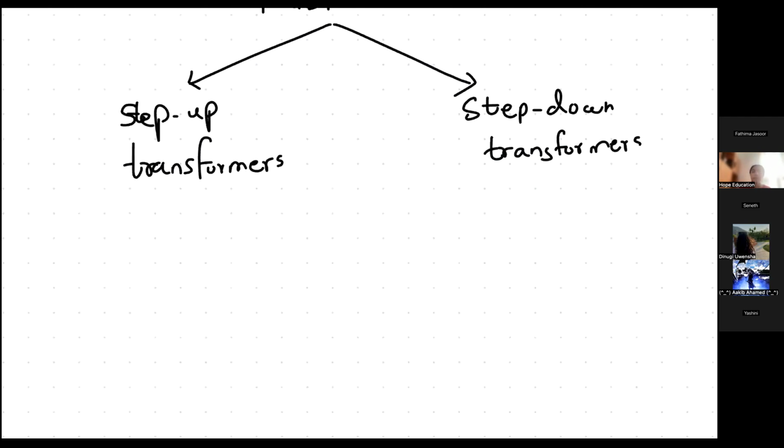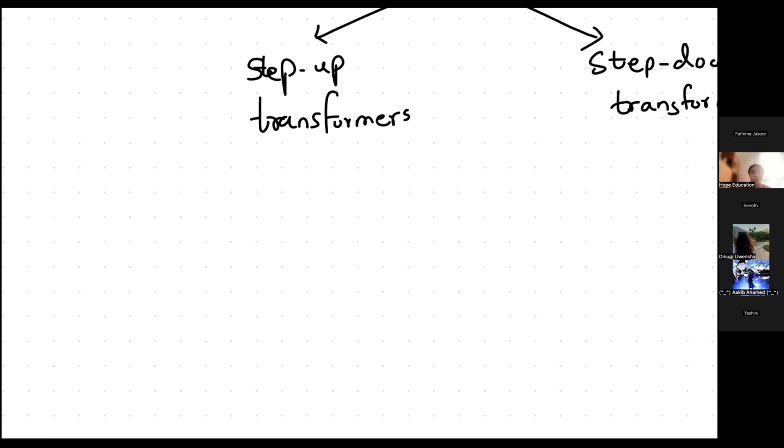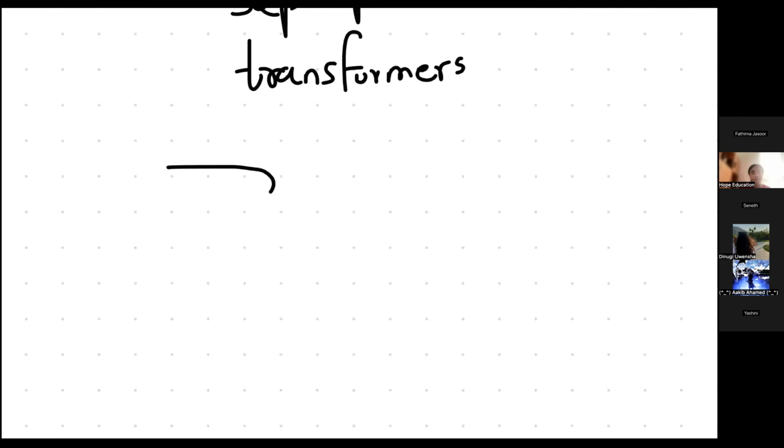A step-up transformer is built like this. Okay, here is the primary coil. We have to supply a certain electromotive force and voltage to the primary coil. I give it an alternating voltage, so an alternating current will be generated. This is my soft iron, right?